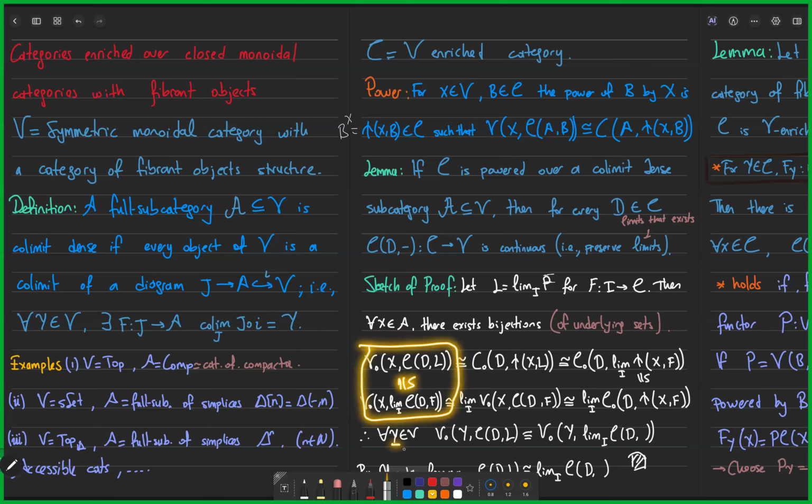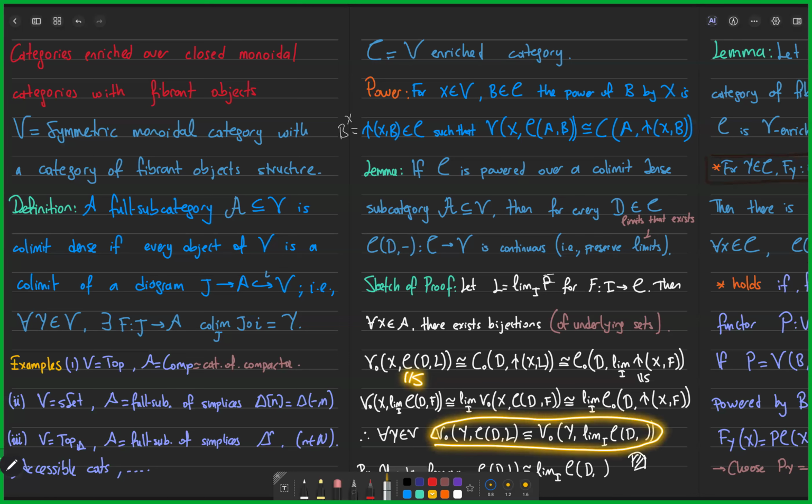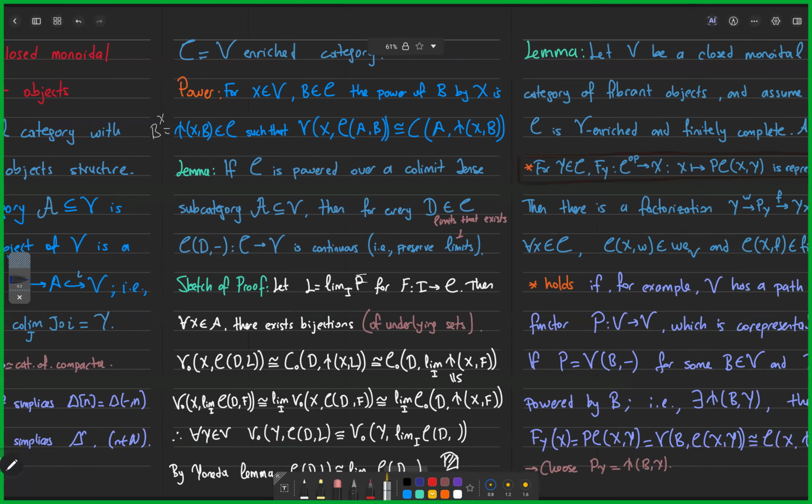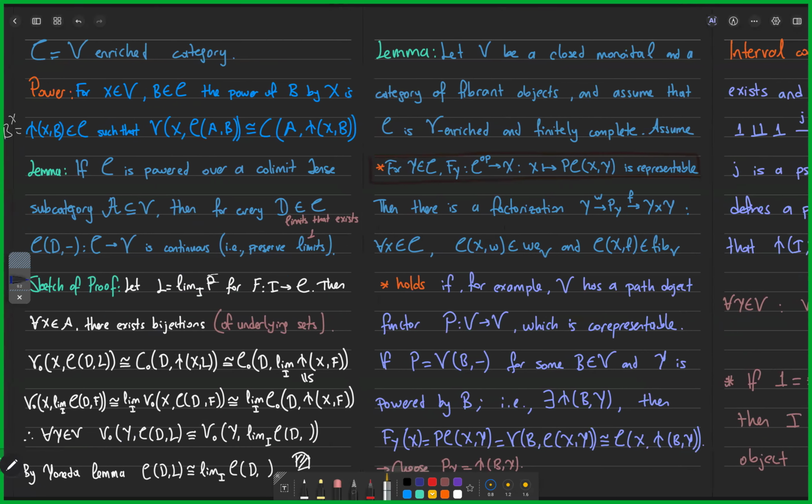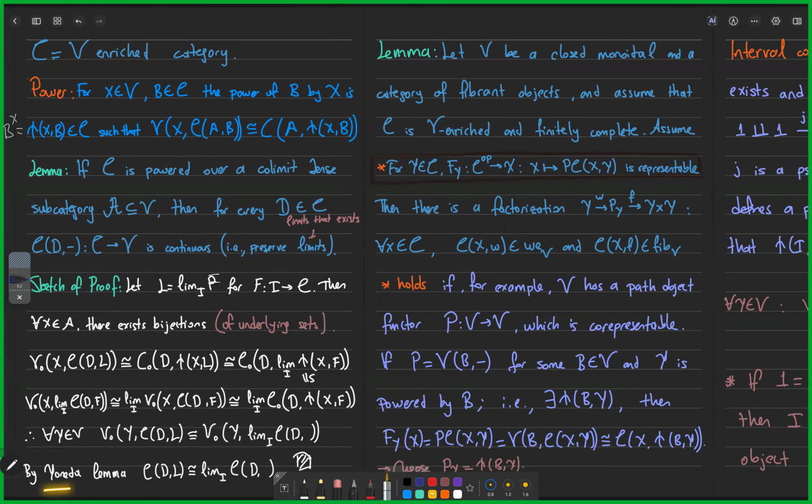Any Y can be written as a colimit of a functor into A. So if you put colimits here, you will see that they go out as limits and go inside. By using this isomorphism, we can obtain an isomorphism like this. By the unit lemma, the proof follows.